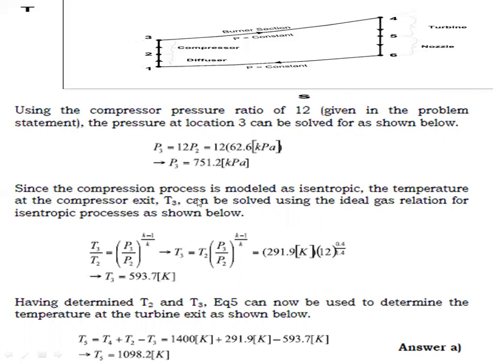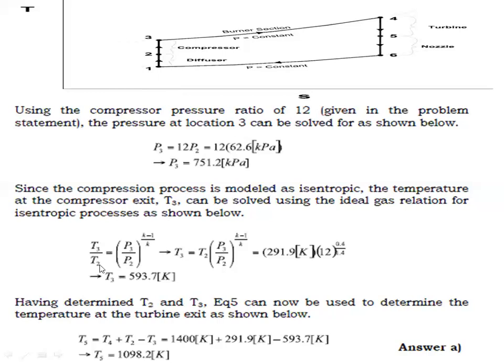Since the compression process is modeled as isentropic, the temperature at the compressor exit, that is at point 3, T3, can be solved using the ideal gas relation for an isentropic process. For process 2 to 3, we can write T3 by T2 is equal to (P3 by P2) to the power of (K minus 1) by K. Here we need to calculate the temperature at point 3, the exit temperature of the compressor.